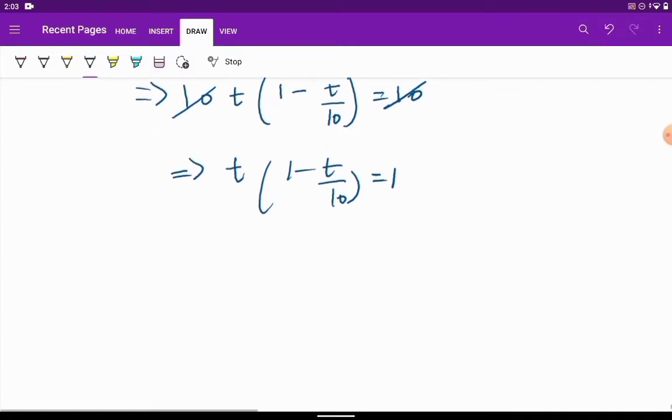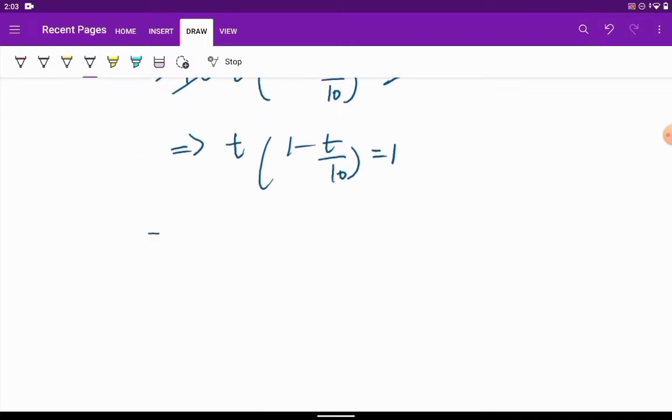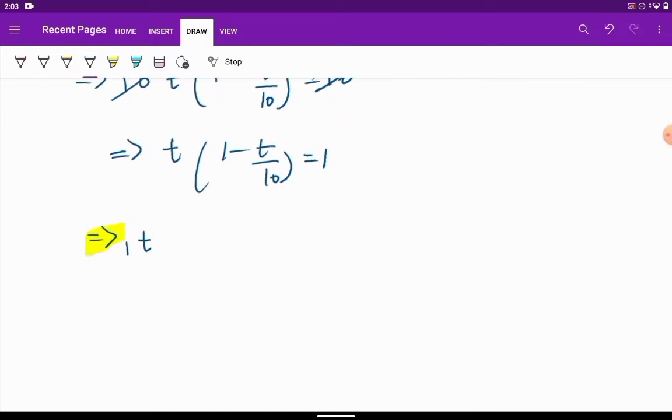So if we multiply t inside and multiply both sides by basically 10, then 10 times t minus t square equal to 10.